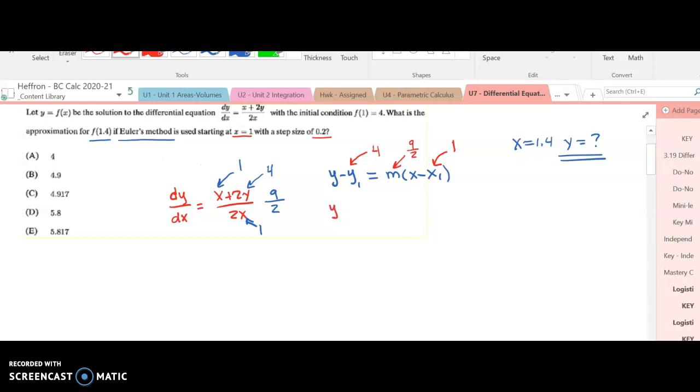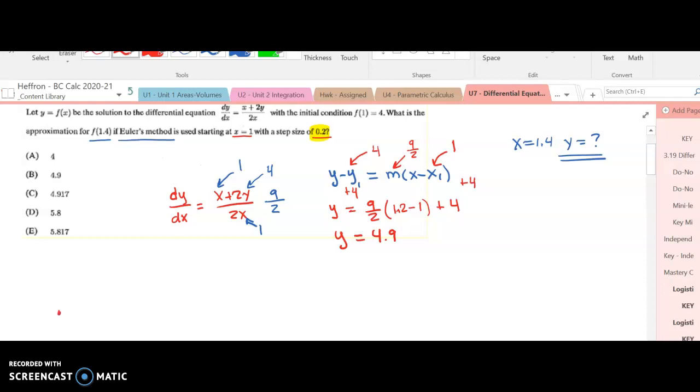So the y we're looking for is equal to 9 over 2 times, well, my new x is going to be 0.2 more, because that's my step size. So we're looking at 1.2 minus 1, which is just 0.2. And then I'm going to add 4 to both sides. So when I do the math on this, sure enough, my new y is 4.9.